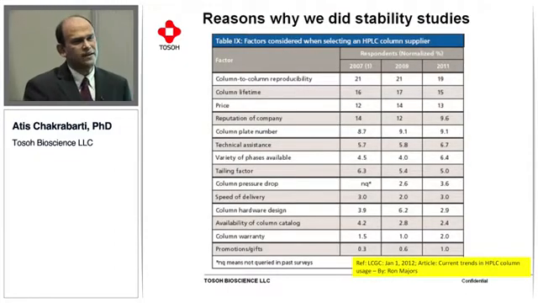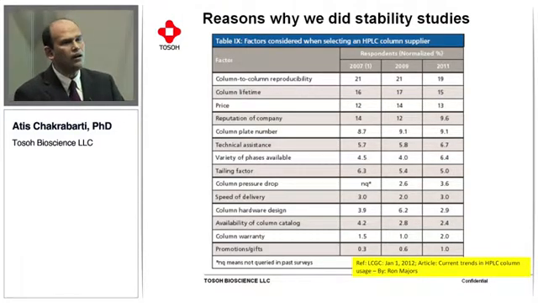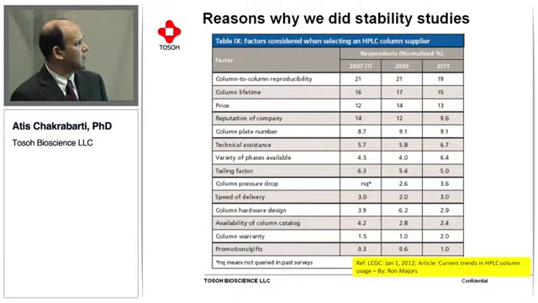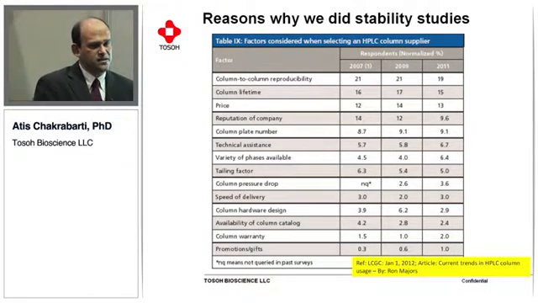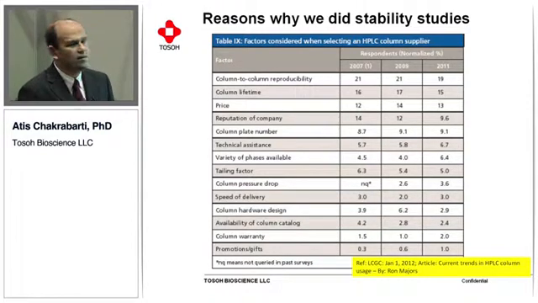Recently you may have noticed in LCGC there is a very nice article about column lifetime. Over the years 2007, 2009 and 2011, the overall perception of scientists, the end users, has not changed. They think column-to-column reproducibility and column lifetime matter more than the price, and that's understandable.